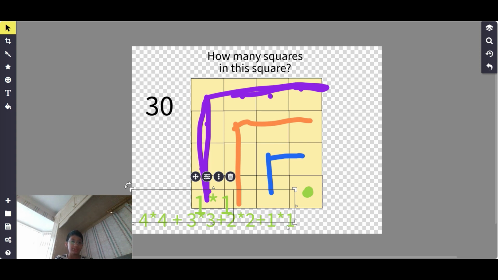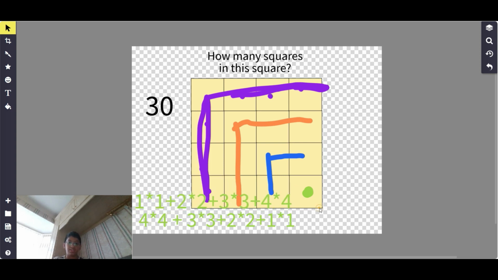Now we are doing 1 times 1, plus 2 times 2, plus 3 times 3, and plus 4 times 4. And let me choose a different color.